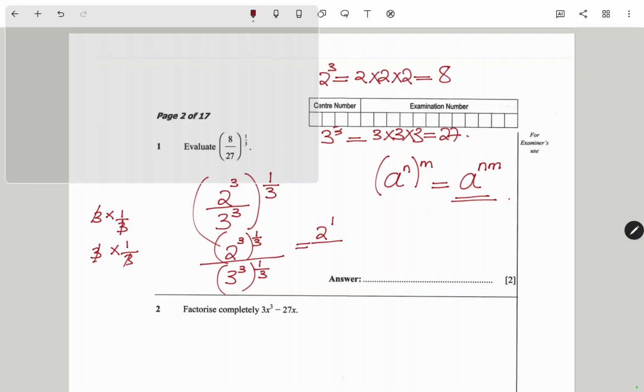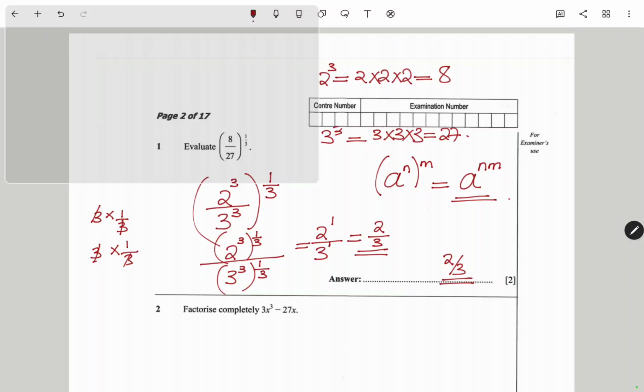This and this will divide, giving us a 1, which is 3 to the power 1. Any number raised to the power 1 is equal to that number. So this is equal to 2 divided by 3. This is your answer, so you can simply write 2 over 3.